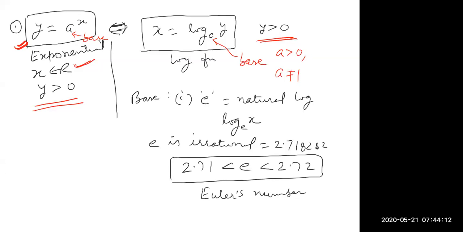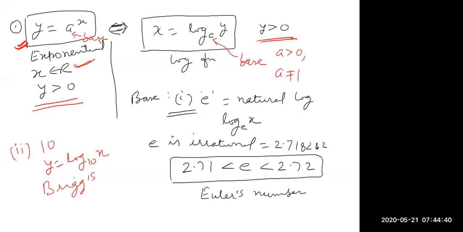Another important base. As I told, two bases are popular. One is this, and the second popular base is base 10, like y is equal to log base 10 of x.